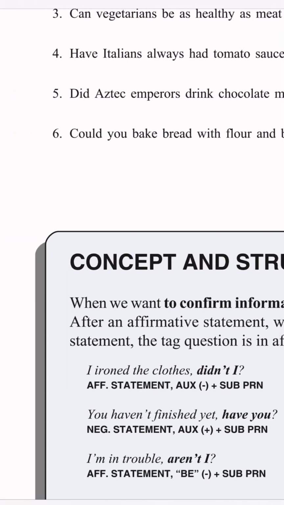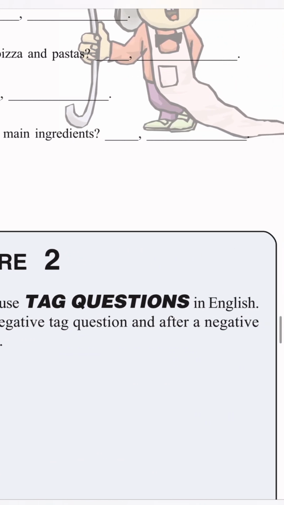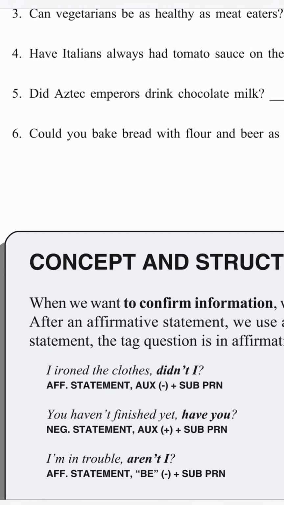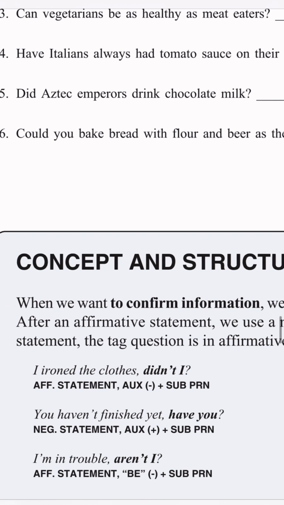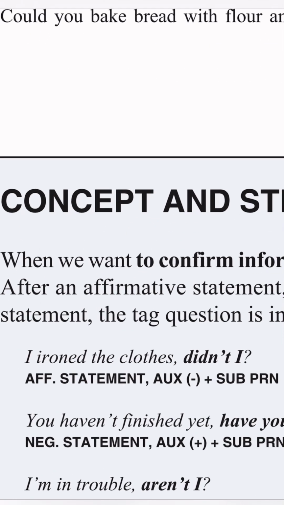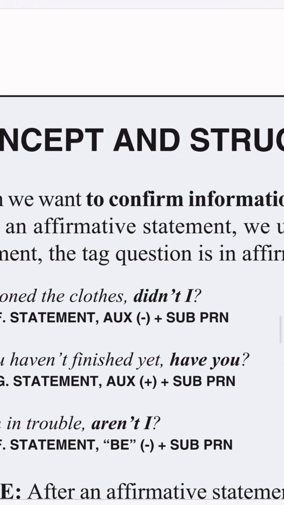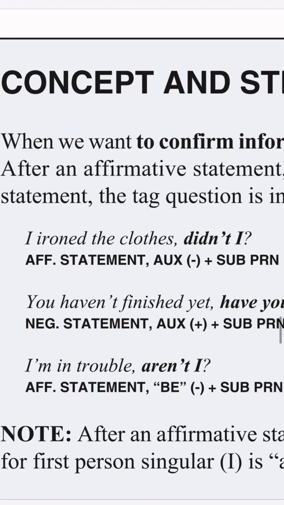After an affirmative statement, we use a negative tag question, and after a negative statement, the tag question is affirmative. I ironed the clothes, didn't I? You haven't finished it yet, have you? I'm in trouble, aren't I?